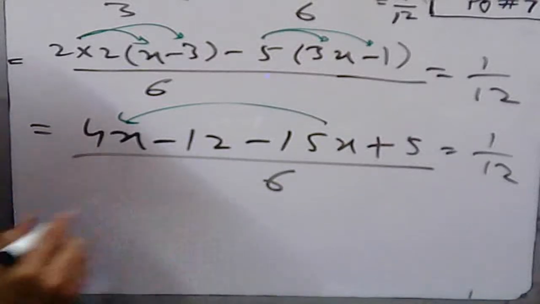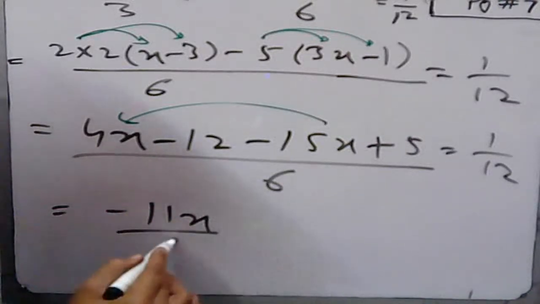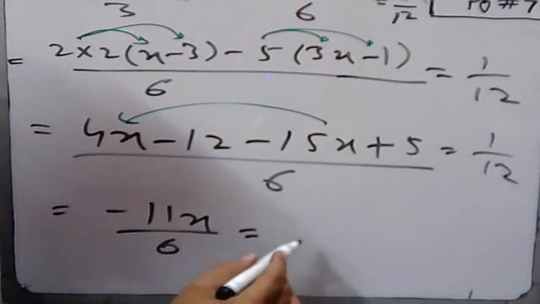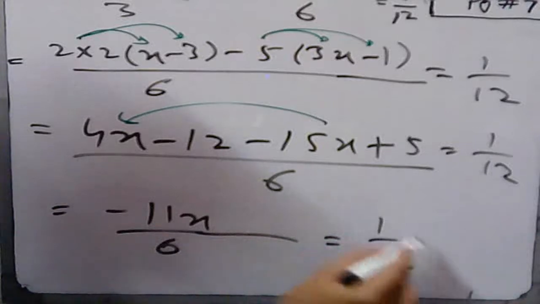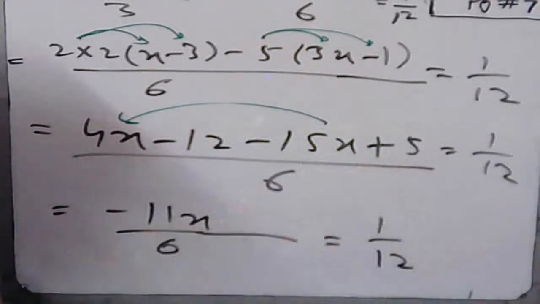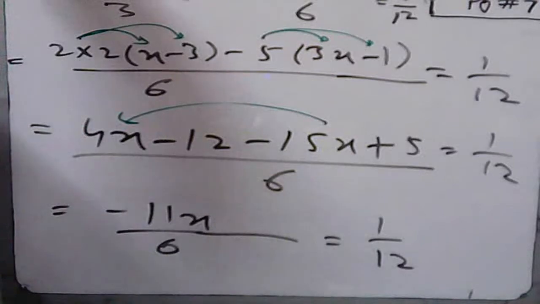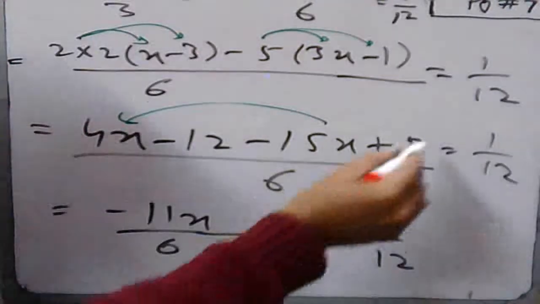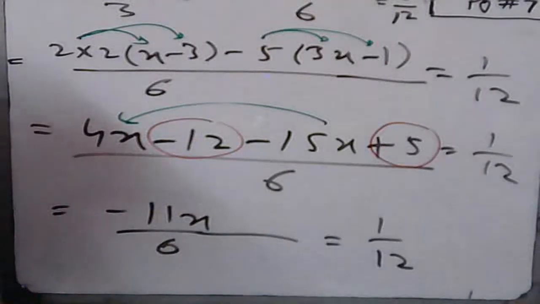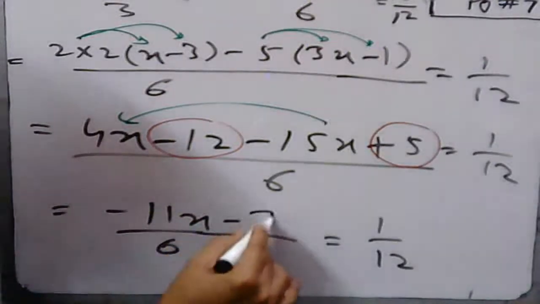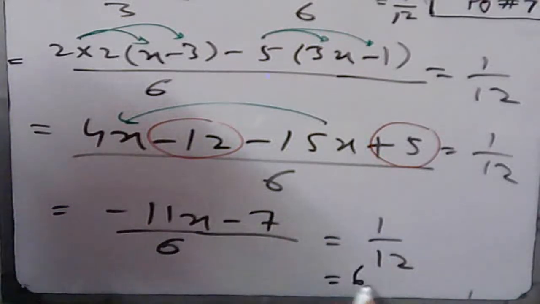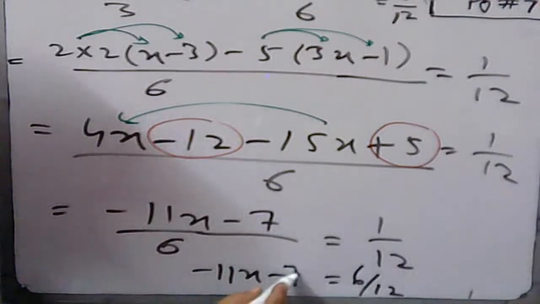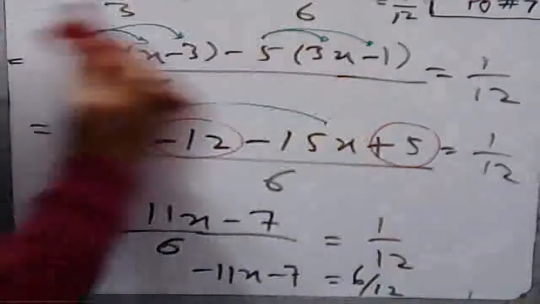So minus 11x divided by 6 is equal to 1 by 12, but the constant terms, that is 5 and minus 12, should also be added, so you will get minus 7. By using cross multiplication, this 6 will be written as 6 by 12, minus 11x minus 7. You can see further steps here.